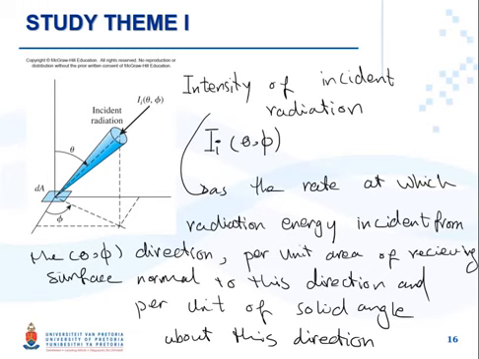So if we want to translate this paragraph into one mathematical correlation, we can say that the intensity of incident radiation is equal to dq dot I, which is incident, over dA cosine theta, per unit solid angle, d omega. Okay?